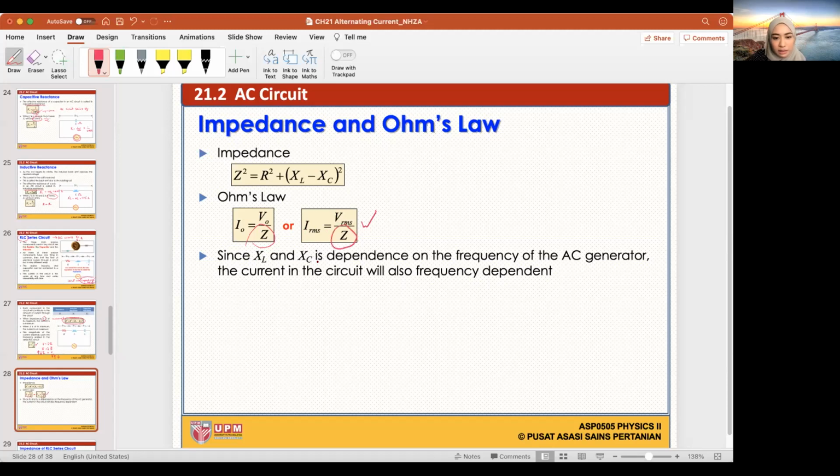Since XL and XC are dependent on the frequency of the AC generated, the current in the circuit will also be frequency dependent.